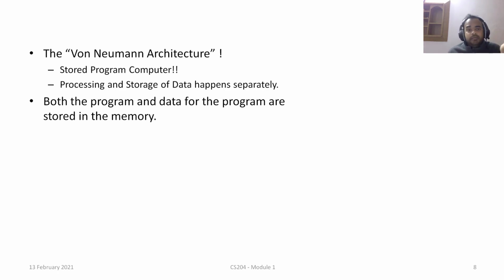Like I mentioned, both the program and the data that we expect the program to be operating upon will be stored in the memory. Now, if you ask, well, how does the stored program computer work if we are giving the elements, maybe not 1000, for example, let's say 10 elements from your keyboard, right? That's what you would have done earlier also when you were trying to test on small things. So what happens there? Even though you are giving the data from the keyboard, it would be stored in the memory first, and the program is anyways stored in the memory.